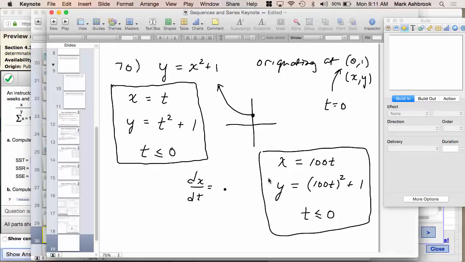What's dx dt here? 100. What's dy dt? 200. No, whoa, that's not even close. What is it? It's 10,000 t squared, 20,000 t.